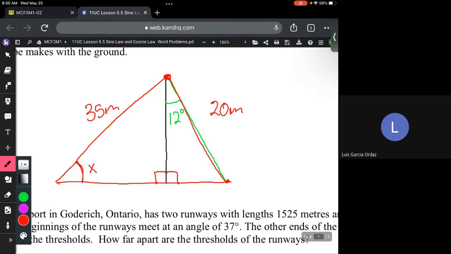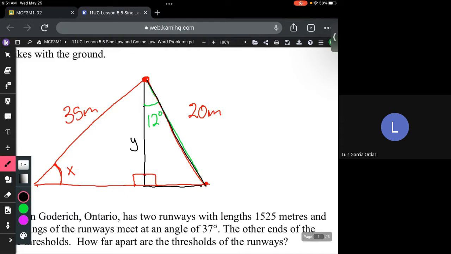So I can solve for, let's say, I'll label this guy Y. If we use this triangle over here, which I'm going to color in black, what information do I have to find Y? Olivia? Yeah. So I'm going to use angle 12. 12 degrees is my reference. As Olivia said, my slanted side, 20, is going to be my hypotenuse.